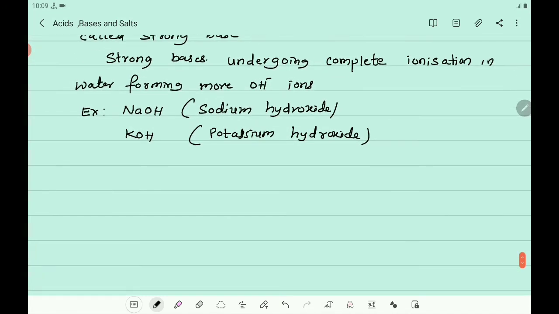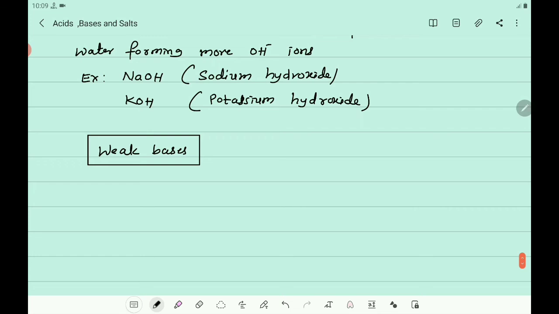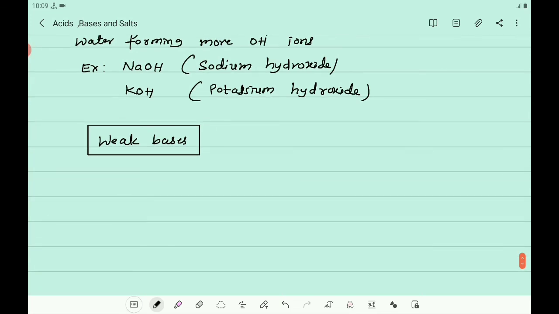Now you take weak bases. What are weak bases? So you can take the bases which give less OH ions in solution.